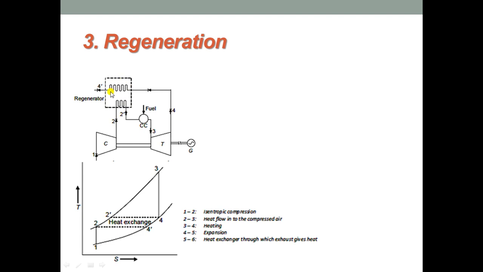This counterflow heat exchanger can be named a regenerator or a recuperator. This arrangement helps to reduce the heat supplied in the combustion chamber, improving the thermal efficiency of the cycle.